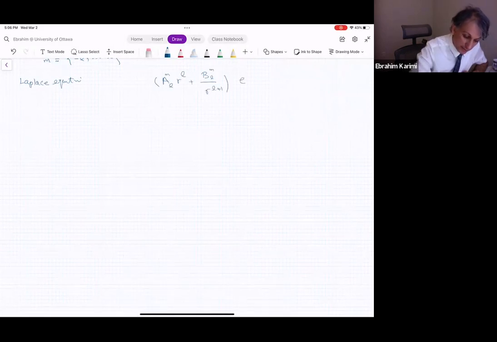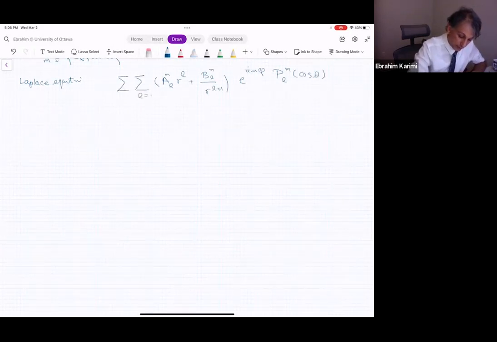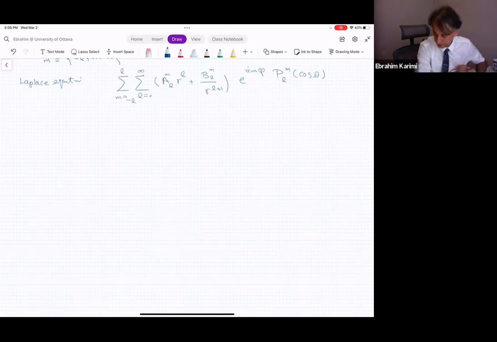Then we have e to the power i m phi. We have P_lm of cosine theta. And we have two summations. The first summation is on L, which is changing from 0 to infinity. And the second summation is on m, which is changing from -L to L.